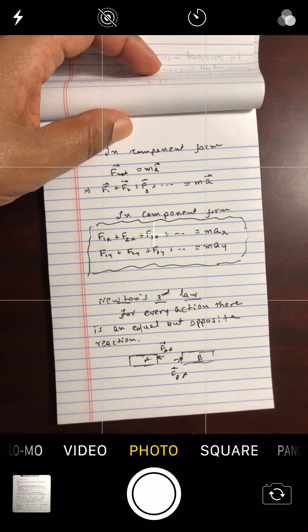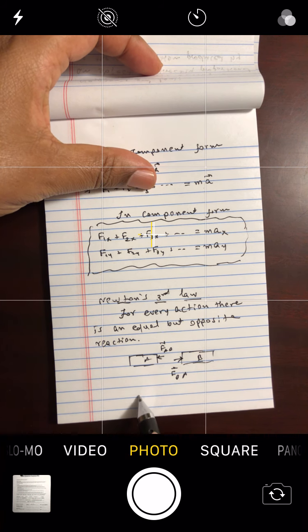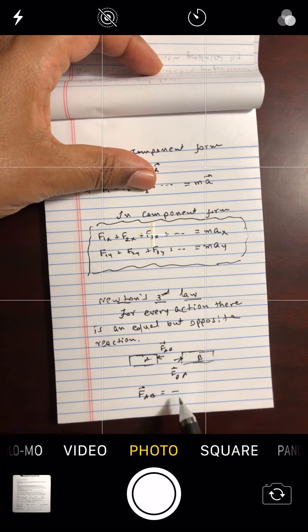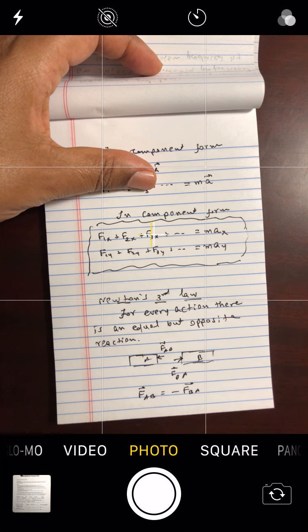In other words, they're negatives of each other. So these two forces are related as follows: F_AB equals the negative of F_BA. This is the statement of Newton's third law.